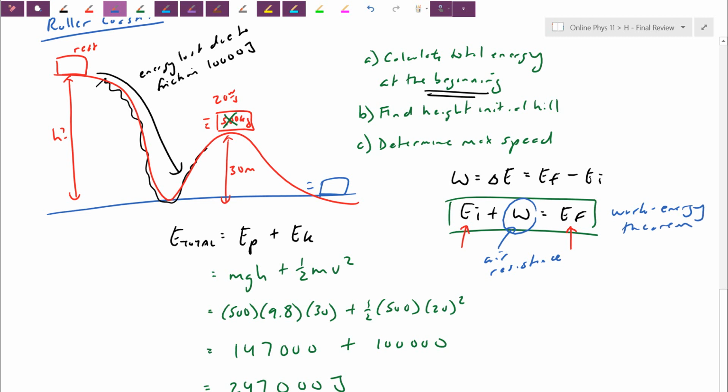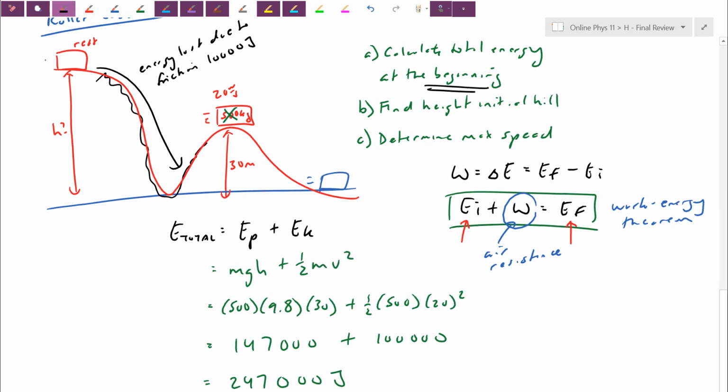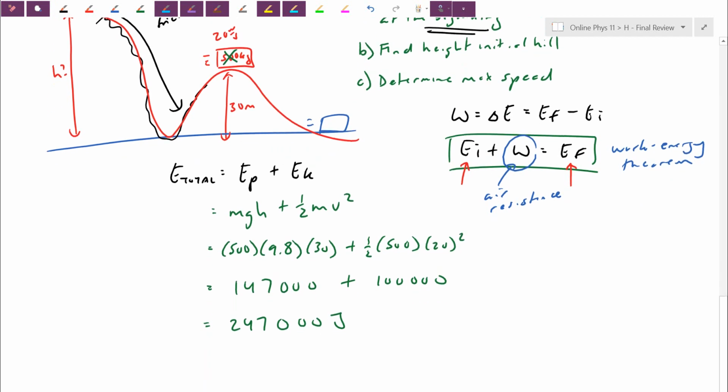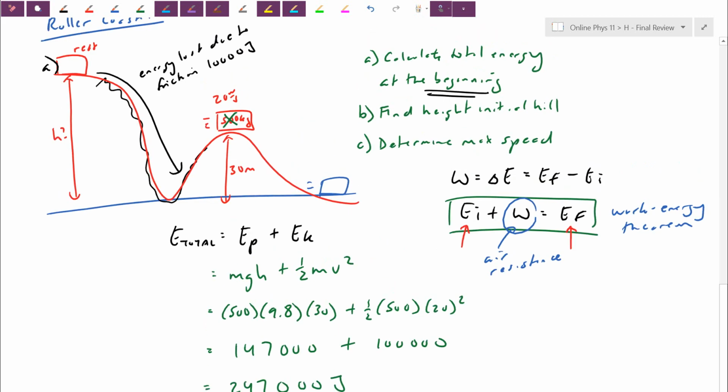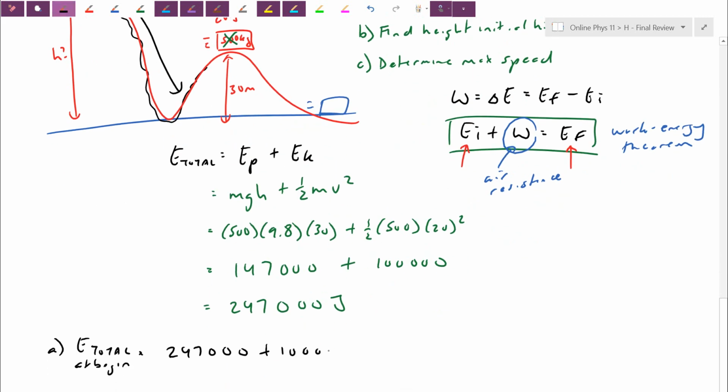But basically, it's just a slight manipulation of the work formula that we already had. So if at this point here on the second hill I have 247,000 and I lost 10,000 going down, I can figure it out here. Actually, for part A, I already calculated I still had 247,000 on the second hill, but I want to gain back that 10,000 I had lost, and that should give me here 257,000 joules.